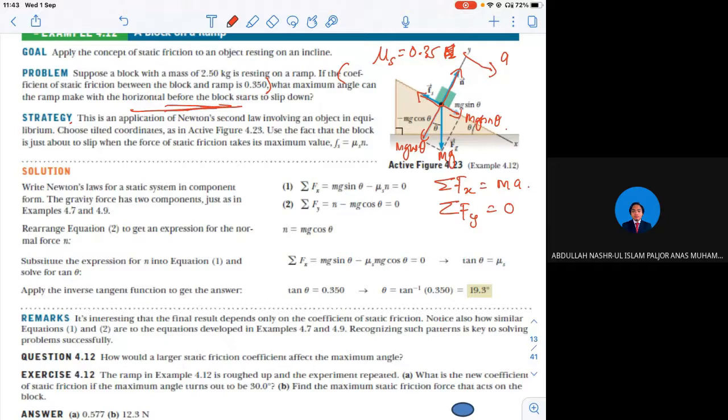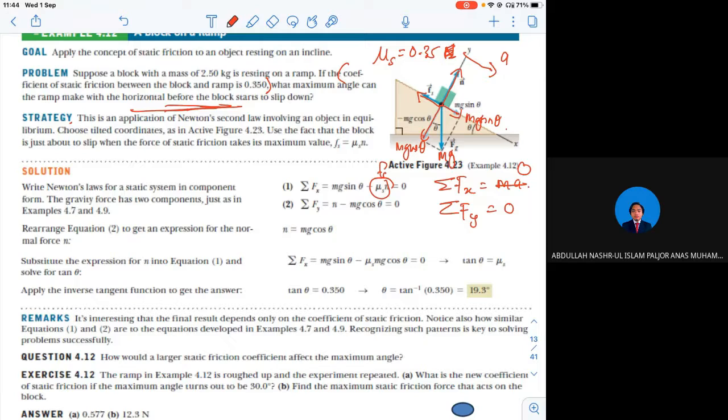So in this part, acceleration is also 0, so the Fx will become 0. So in this case, we can define mg sin theta minus mu s n, where this is the Fs.